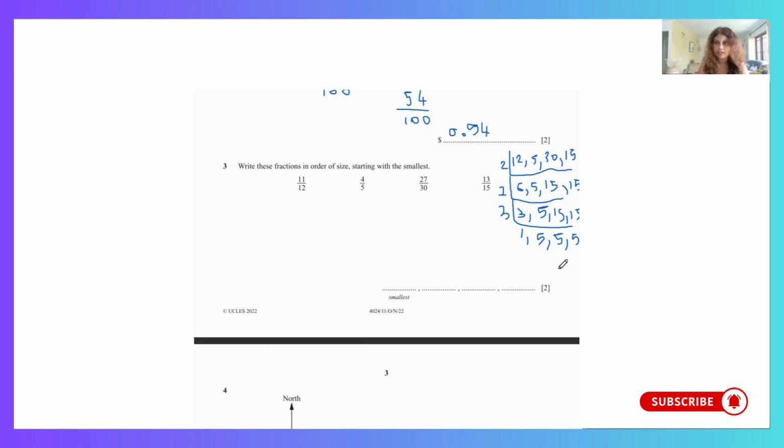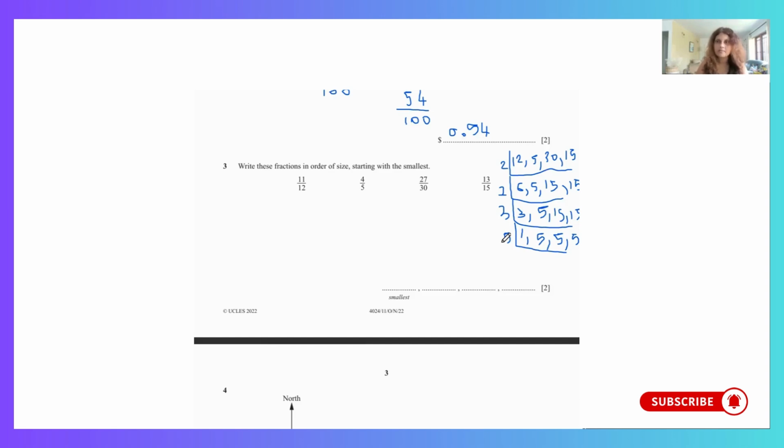Then we have only 5s here apart from the first number 1. Then I can divide all these by 5, which will give me 1. Okay, so to find the LCM, I can multiply these prime factors. 2 times 2 is 4, 4 times 3 is 12, 12 times 5 is 60.